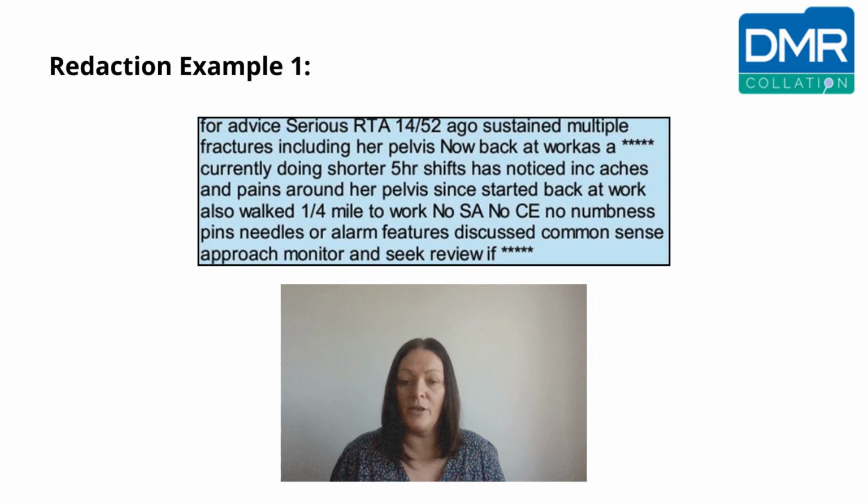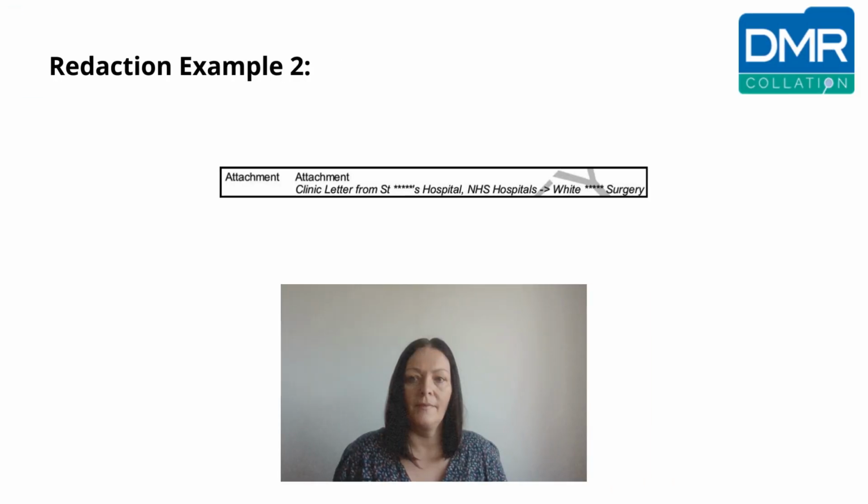Here, we aren't allowed to know what the claimant's occupation is or when the claimant needs to seek a further review with their GP. Redaction example number 2. This is an entry from the attachment section of the GP electronic patient care record, which reads as follows. "Clinic letter from St. [Redacted Words] Hospital, NHS Hospitals, to White [Redacted Word] Surgery."